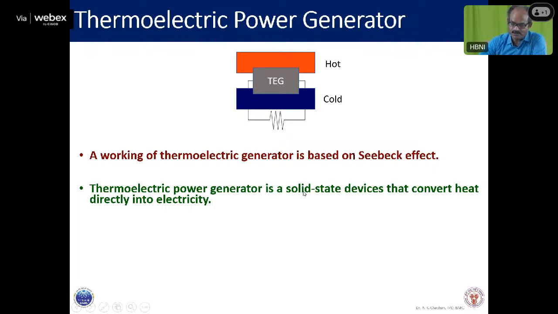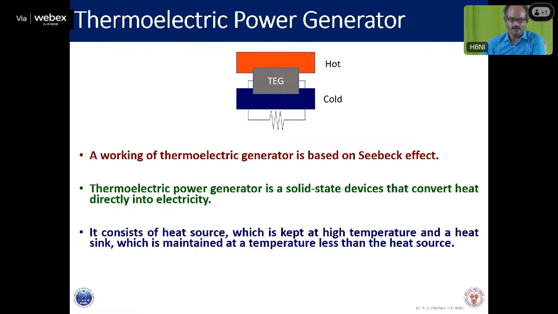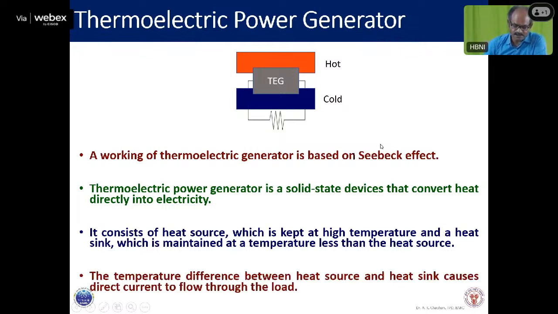Thermoelectric power generator is a solid state device that converts heat directly into electricity. It consists of heat source, which is kept at high temperature, and heat sink, which is maintained at a temperature less than the heat source. The temperature difference between heat source and heat sink causes direct current to flow through the load. Now, what kind of current it is?